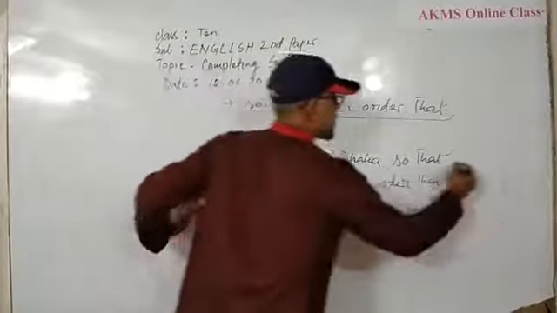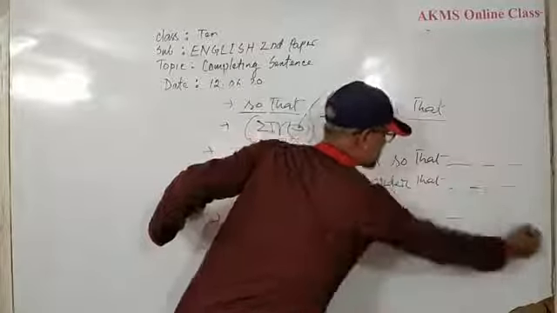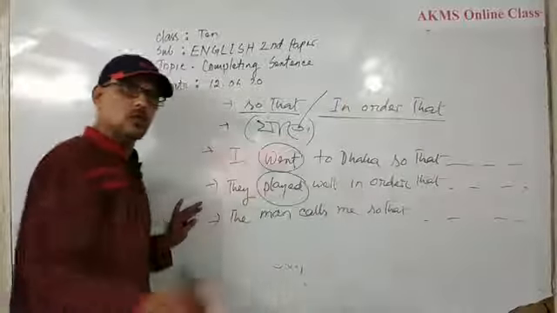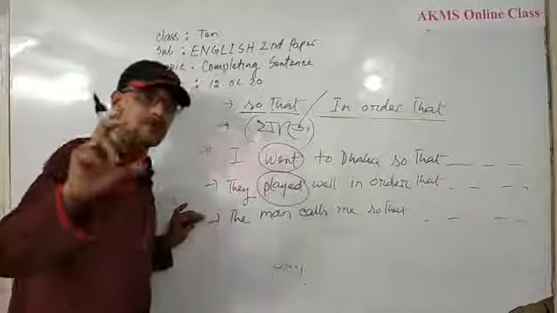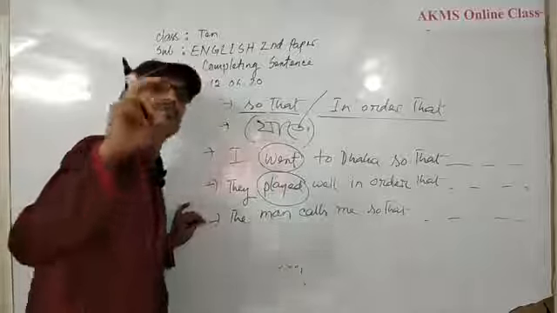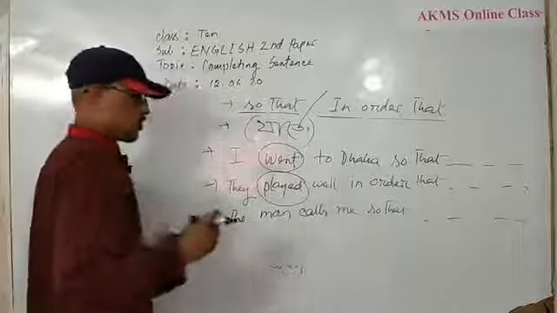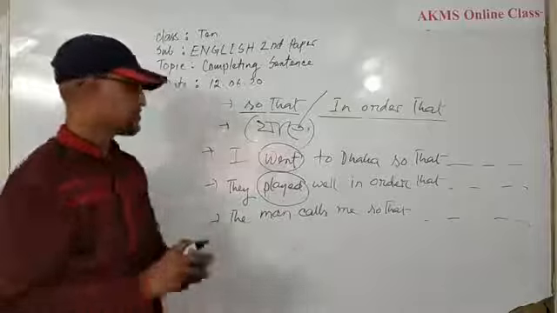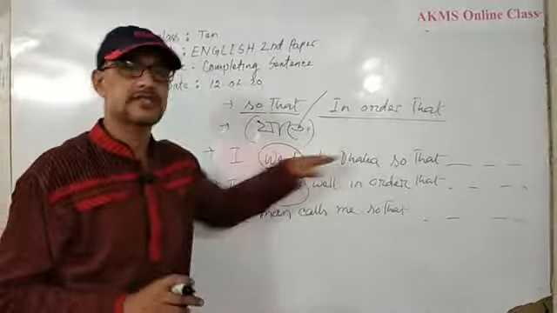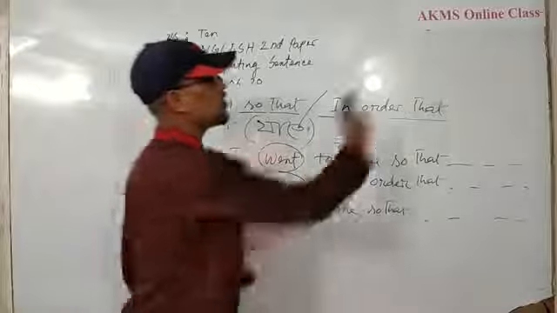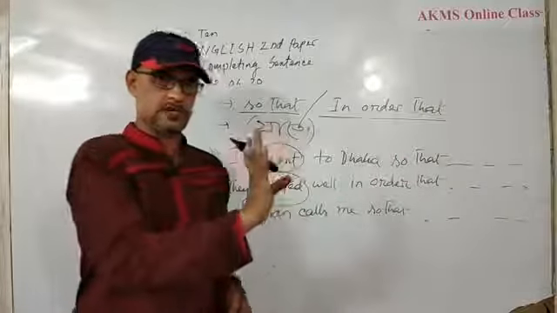Then you will write the other clause. What will you write? The second clause will be a complete clause. That means you should write the subject, verb and object. Okay? Now, what will you write? First, try to understand the meaning, and then according to the meaning, you will write something there.